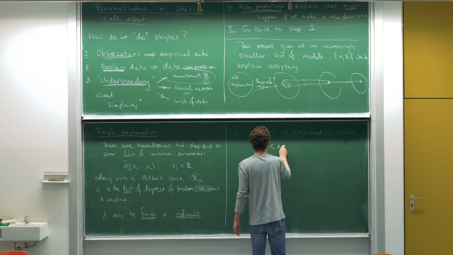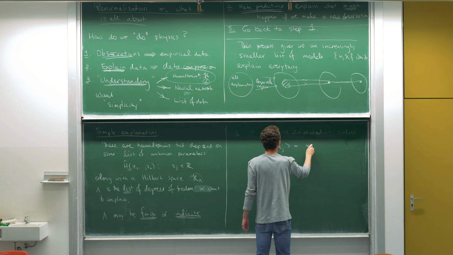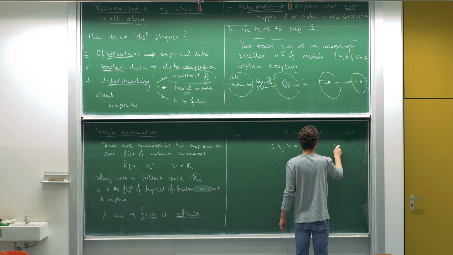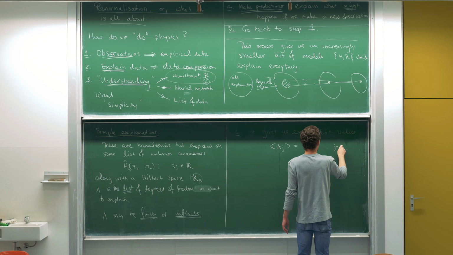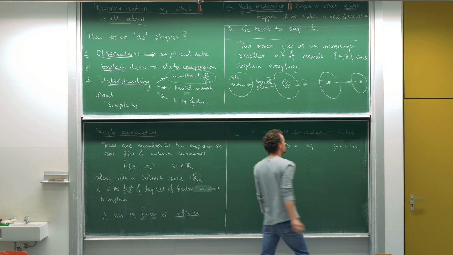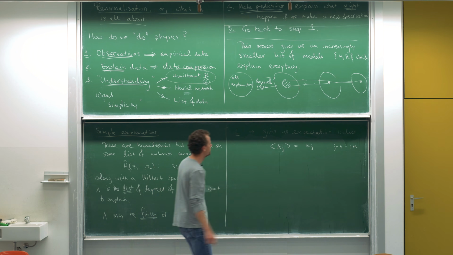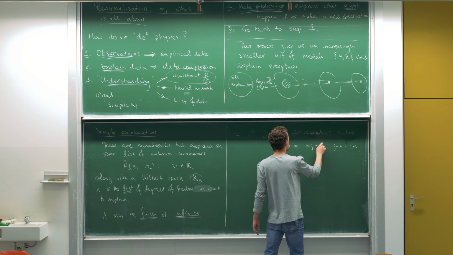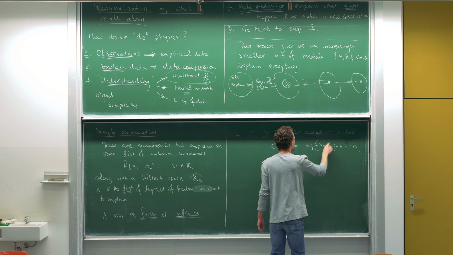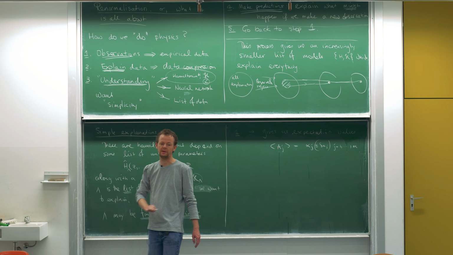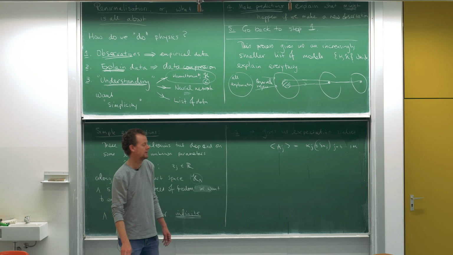So we get things that look like this. We get lists of expectation values. Of course, we get error bars as well. But let's just assume we can really pinpoint the expectation values.